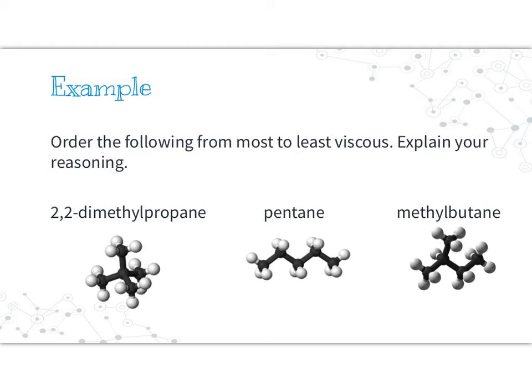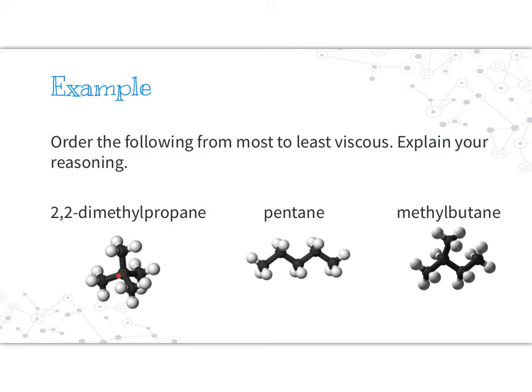So let's put that all together. Let's order the following from most to least viscous. Explain your reasoning. So I've given you the ball and stick structures here. The black spheres are carbon and the white spheres are hydrogen. So let's just count to get our formula here.